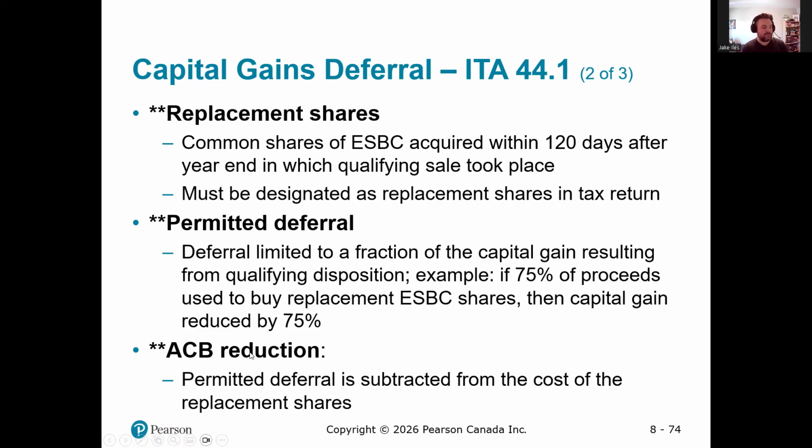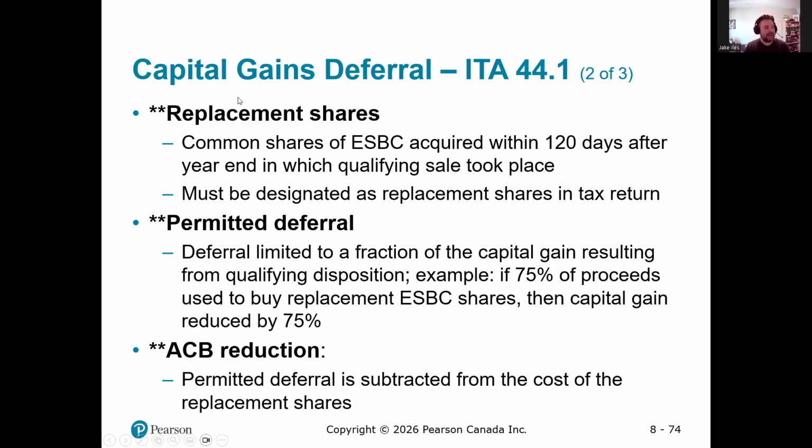But the cost base for the new shares will be reduced. So what they're saying is, yes, I paid 500,000 for the new shares, but its cost base is going to be considered 500,000 less, so that when I sell the new shares, I will recognize all of the capital gain at that time. Because they're reducing my capital gain now, this practice will increase my capital gain later.